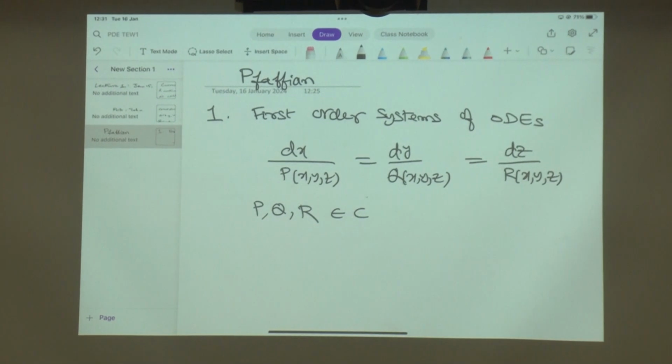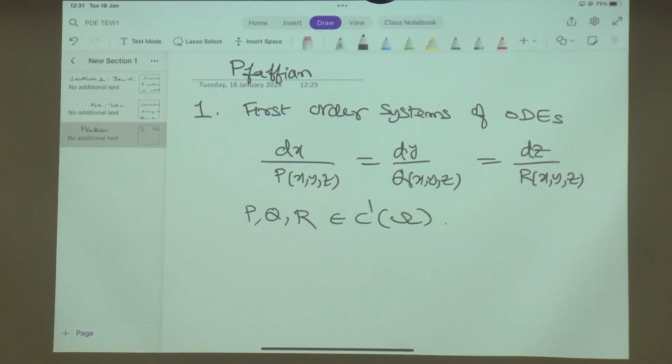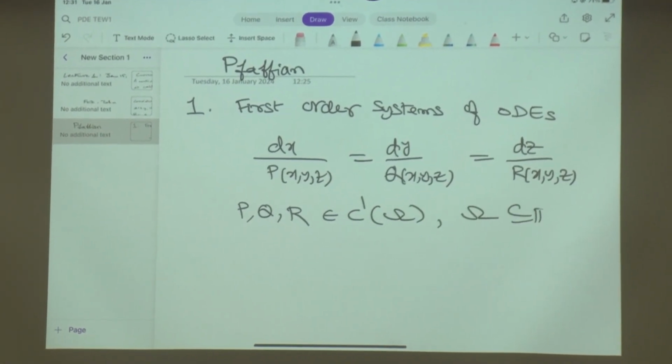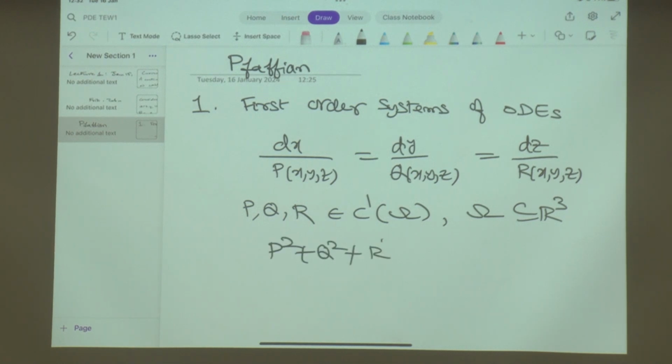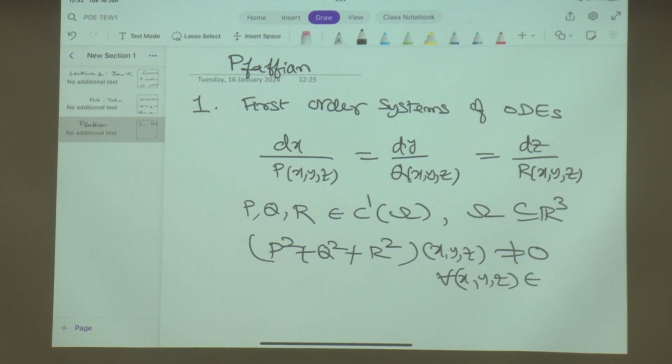We assume they are C1 functions defined on some domain omega, where omega is contained in R3. That's a minimum, right? And to be very simple, we assume that these three functions will not become 0 at the same point, which is sometimes expressed like this: P square plus Q square plus R square at any point x, y, z is not equal to 0. This happens for every x, y, z because our P, Q, R are defined there.